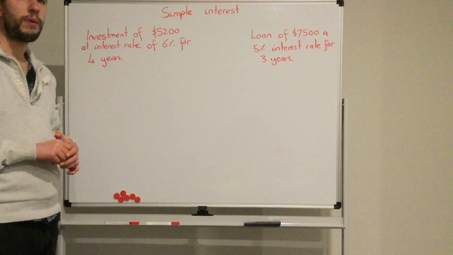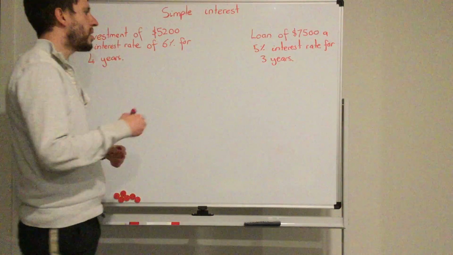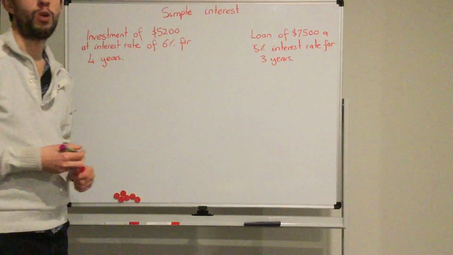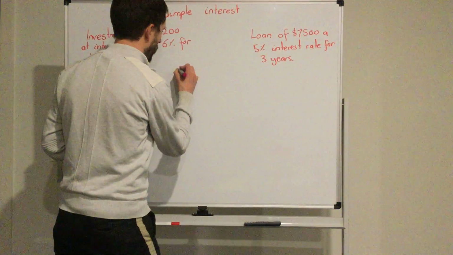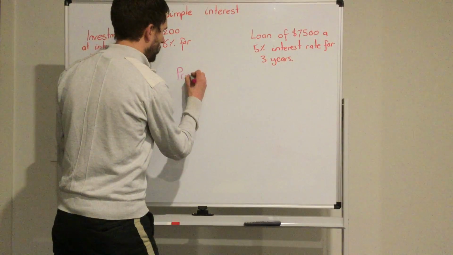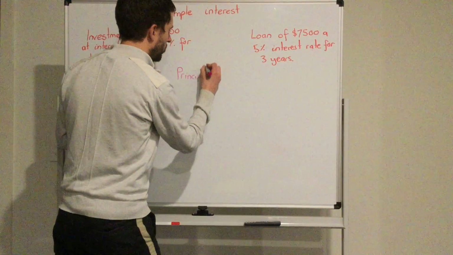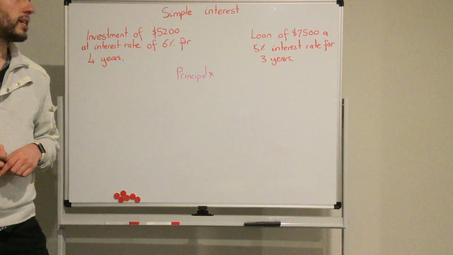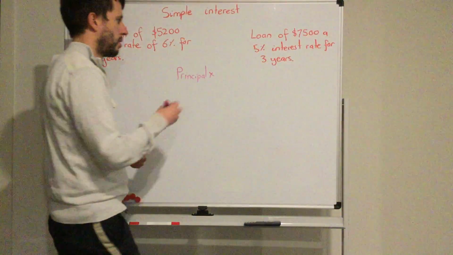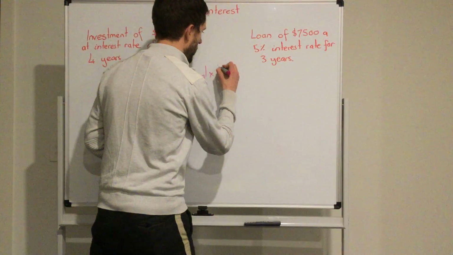Now, to speak about interest, we need to be thinking about how we work it out. Quite simple. We've got the formula: principal multiplied by the interest, or I like to think about the interest rate.